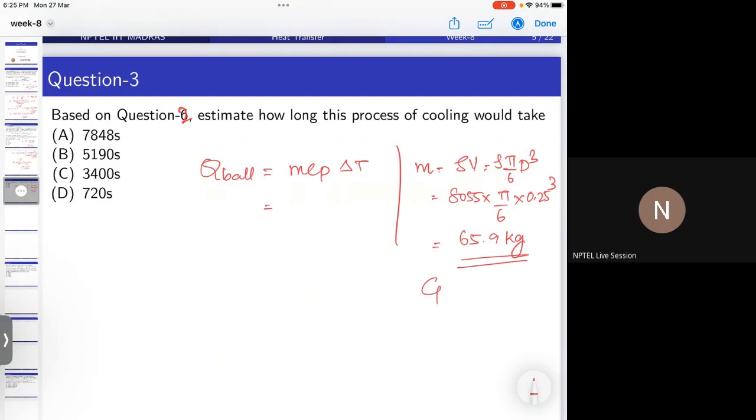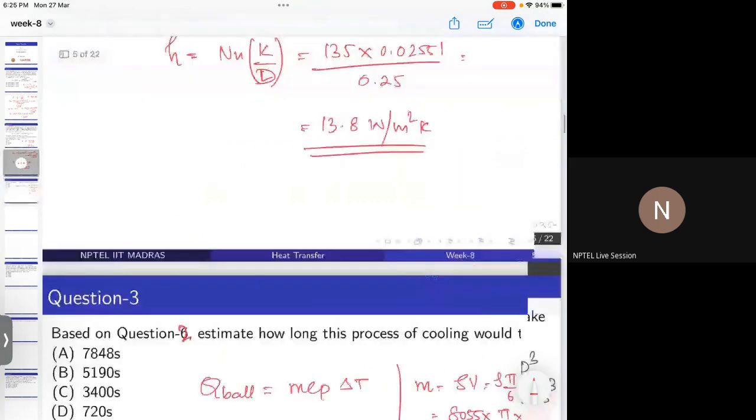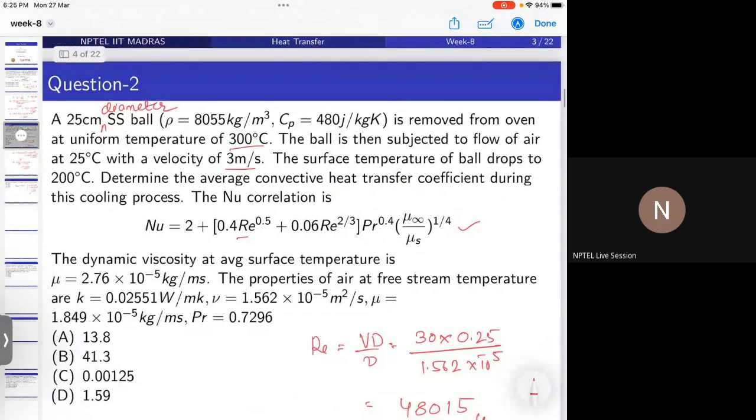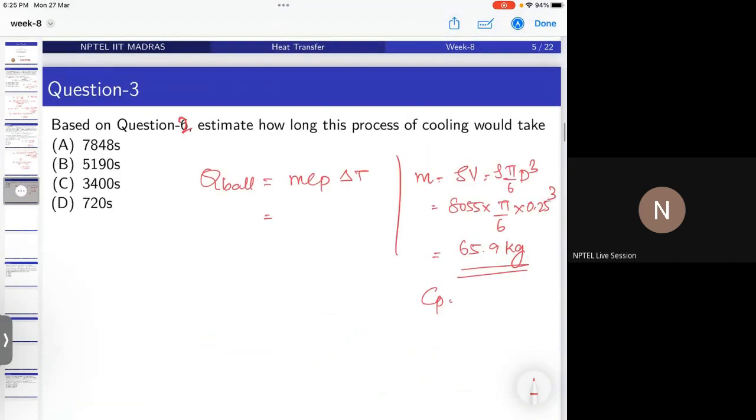And Cp is already given, which is 480 joule per kilogram Kelvin. We just substitute these values, that is 65.9 into 480 into 300 minus 200.